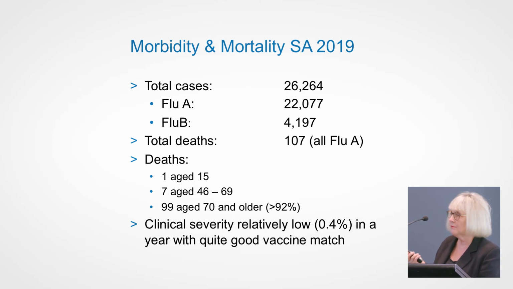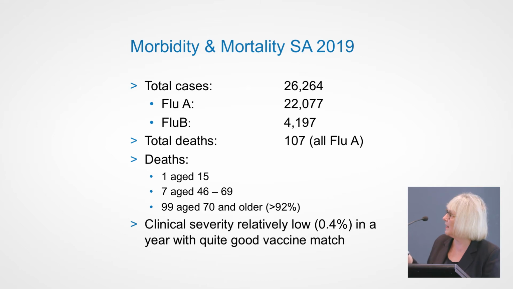There was only one young person, a 15-year-old, who was reportedly otherwise healthy, but in fact she wasn't otherwise healthy. She was very, very underweight and had some other issues, not medical issues, but she was not a particularly healthy child.